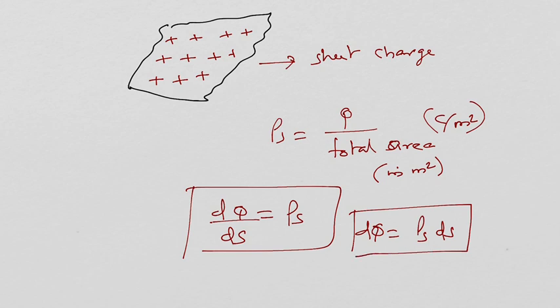Integrating this dq over the given open surface, Q is equal to the surface integral of rho S ds. A charged plate is an example of surface charge distribution. The best example is a parallel plate capacitor.